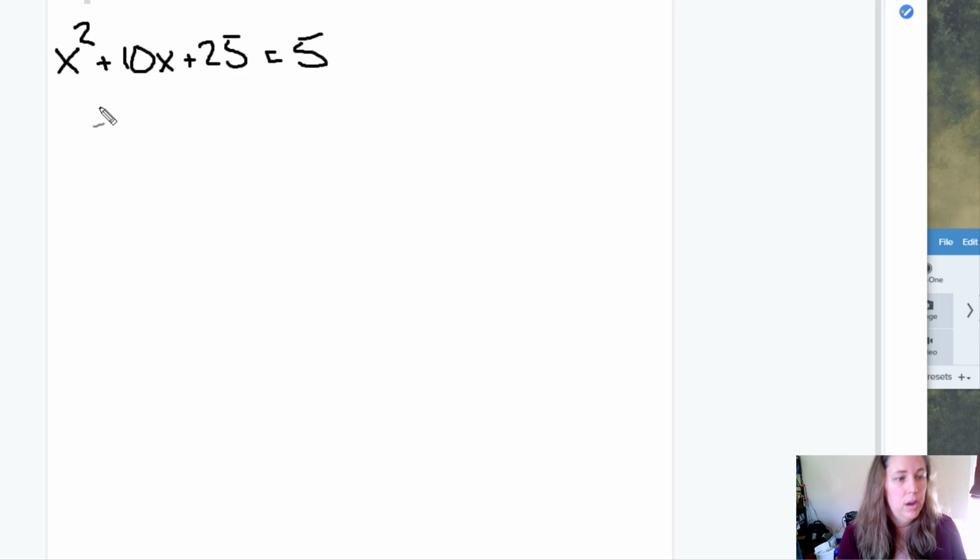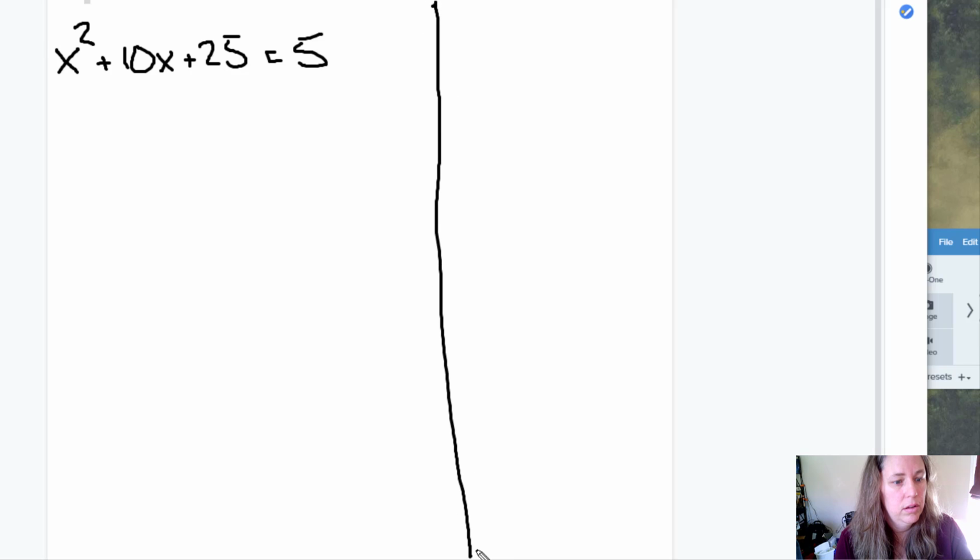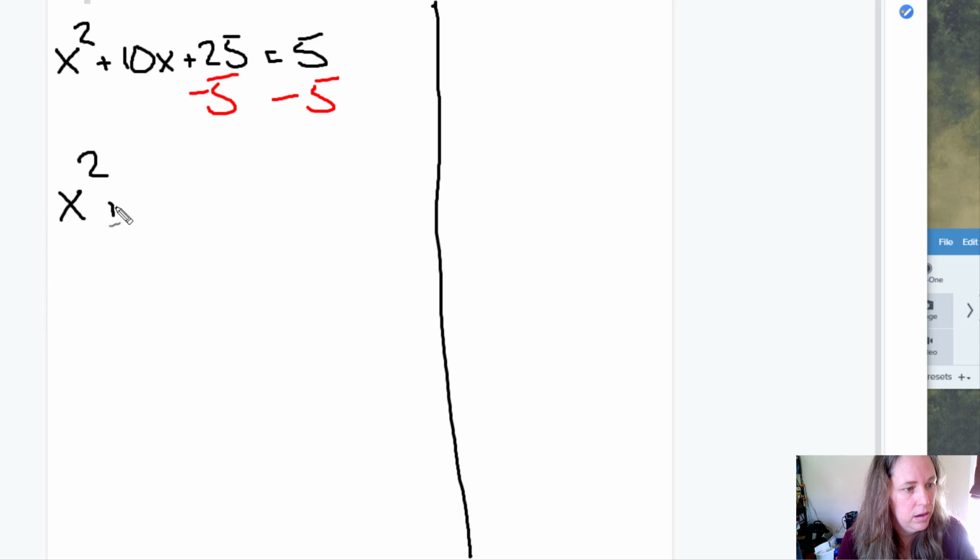Okay, if we notice that this is a perfect square trinomial, we get, well, actually, let's do it by factoring first. If we solve by factoring, we subtract 5 from both sides, and we get x squared plus 10x plus 20 equals 0.